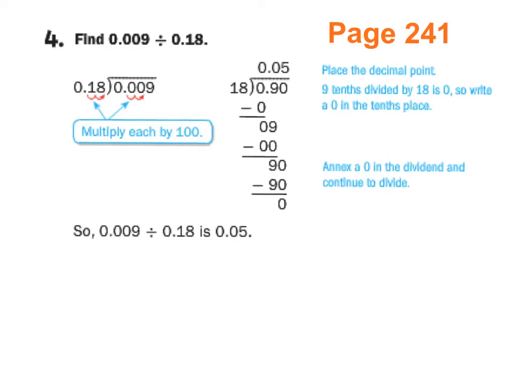Here's another example. This one, we move over 2 places in the divisor. We move over 2 places in the dividend. There's going to be lots of extra zeros that we don't really need there. You can keep those zeros there, but remember to make sure you put the decimal point in the right place. We don't really need all those extra zeros.